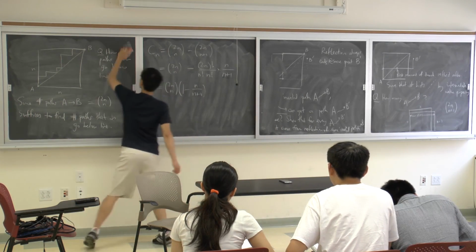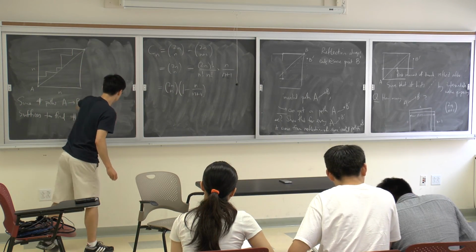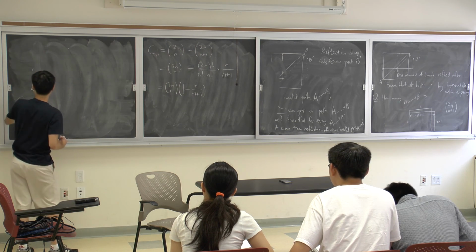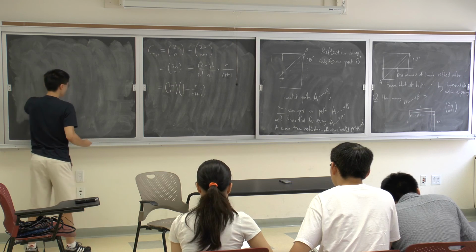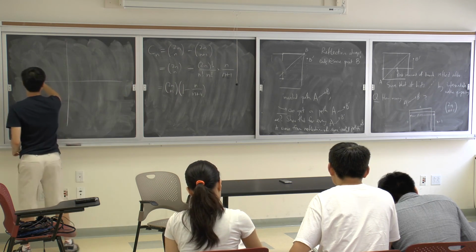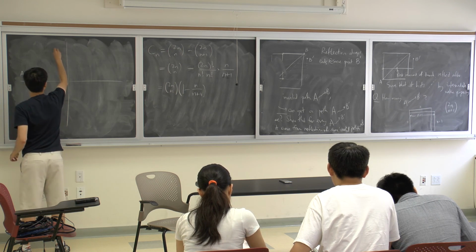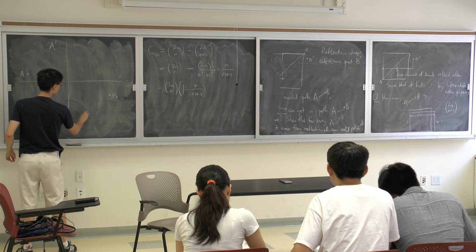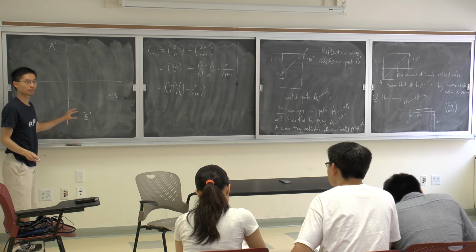Let me go back over here. But reflecting over what? And it's not really reflecting either. It's different. So this very first question that I opened with said that here we have 2 points, an A and an A prime. And we have over here a B and a B prime. Is this what we had before?